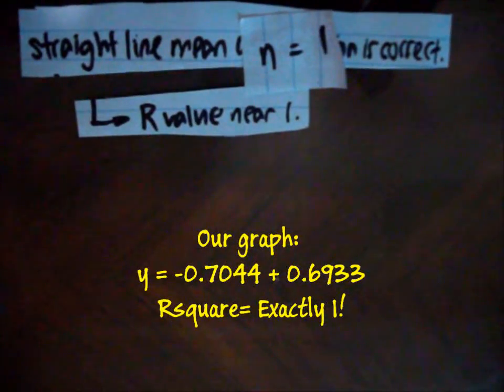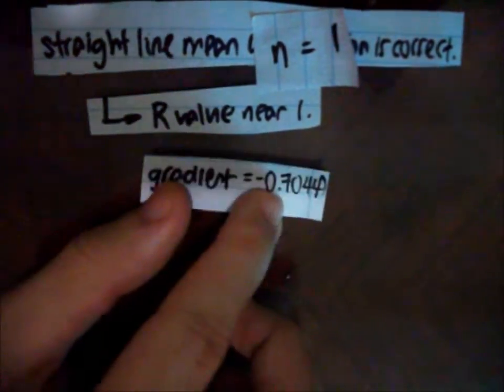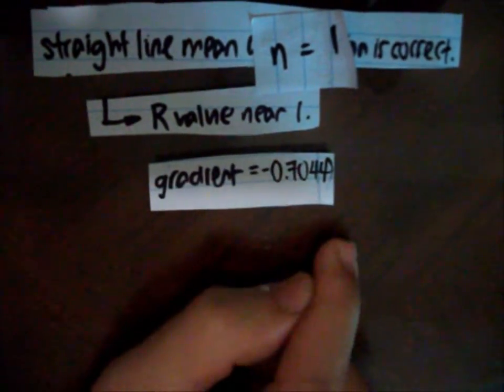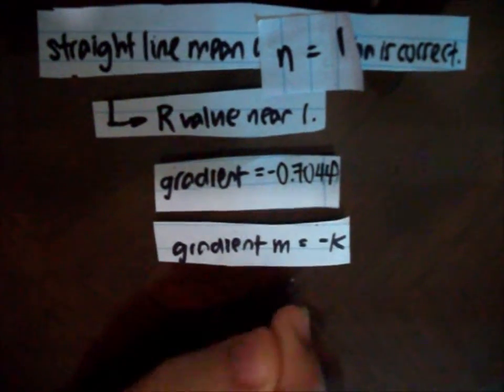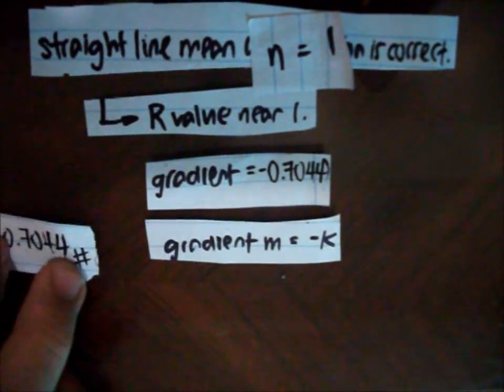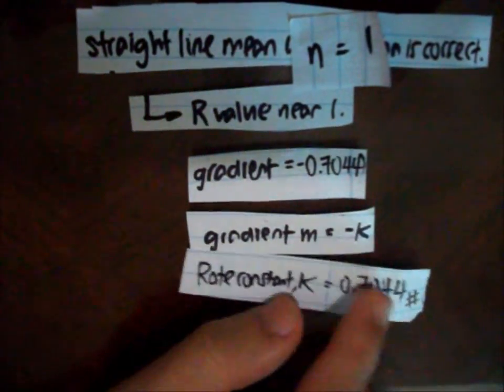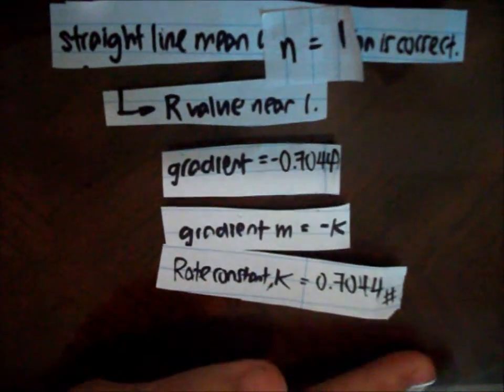From the graph, the gradient is negative 0.7044, and we know that the gradient m is equivalent to negative k. That means we can conclude that the rate constant k is equivalent to 0.7044. And here's our answer. Thank you.